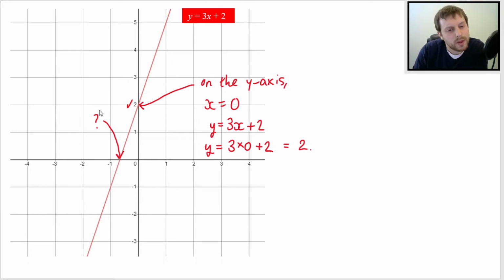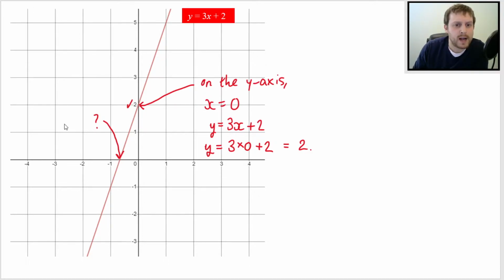Now, on the x-axis, there's a bit of symmetry. Because on the x-axis, it's y that equals 0. So let's have a look at all the coordinates on the x-axis. You've got 0, 0, 1, 0, 2, 0, 3, 0, 3.5, 0, 4, 0. On the x-axis, it's y that's 0.